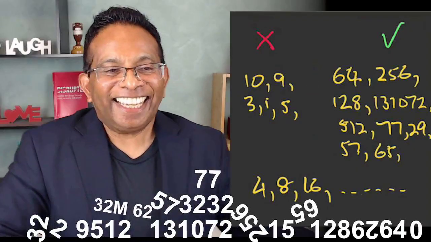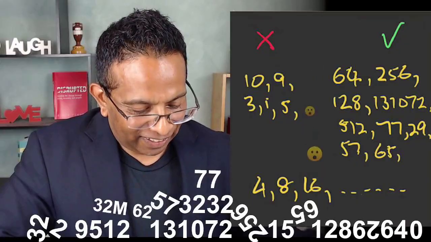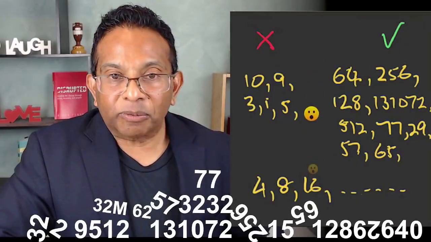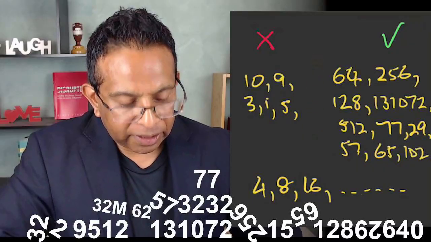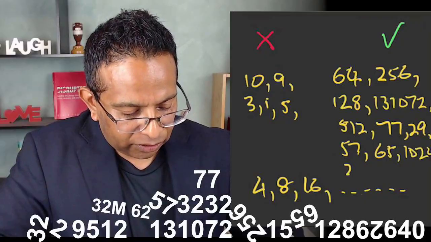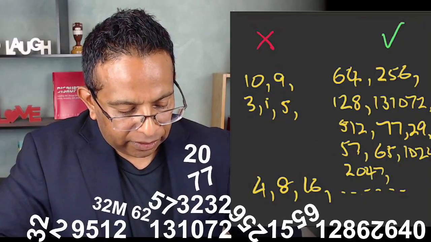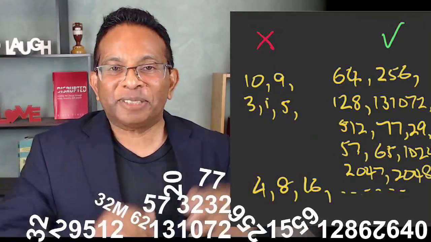All right, I think we've done enough. I saw 1024 come through. So 1024 is in the sequence. And I can see that Gihan has said 2047 and 2048 are in the sequence. Okay, that's enough because I'm running out of space here.